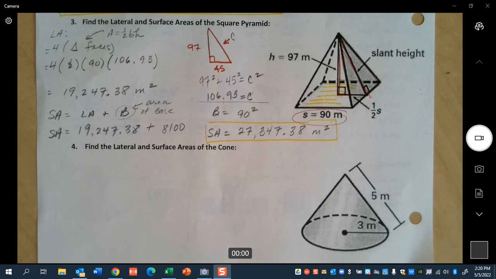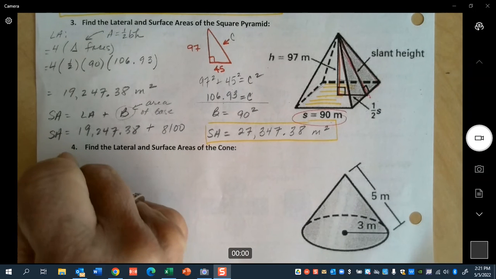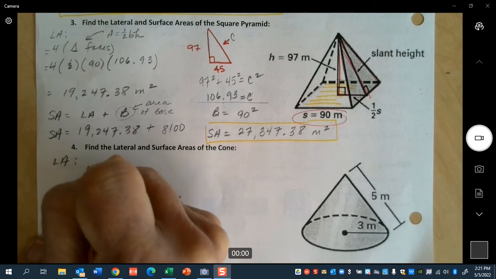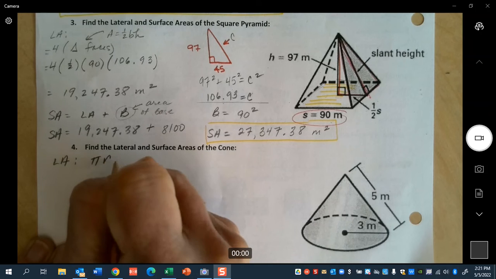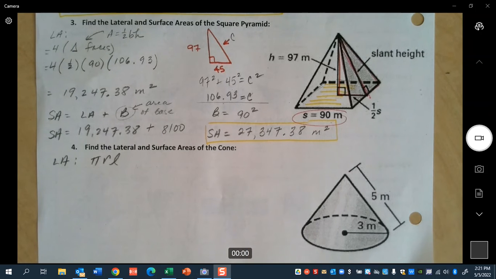Of all the formulas that I have in my brain that I remember, the one that I do not always remember, that I will need the formula sheet for sometimes, is that lateral area of a cone is pi RL.